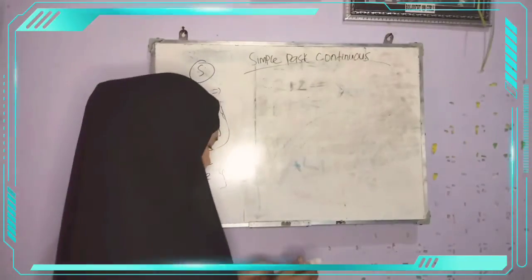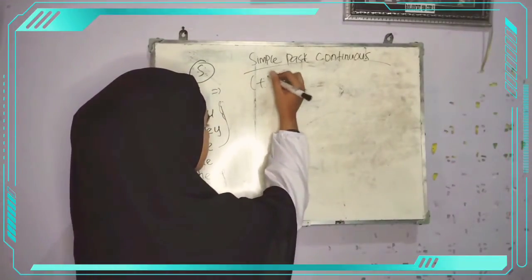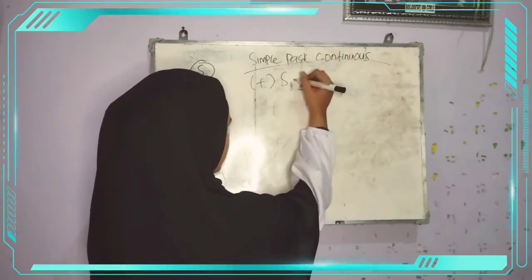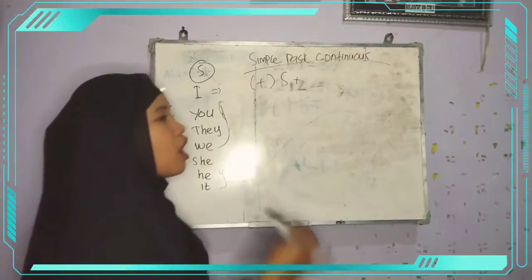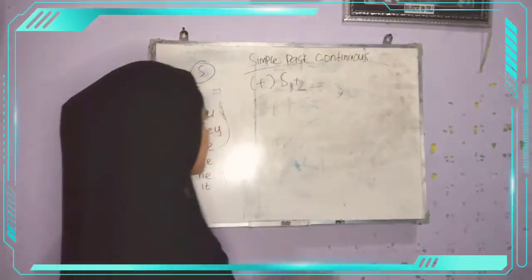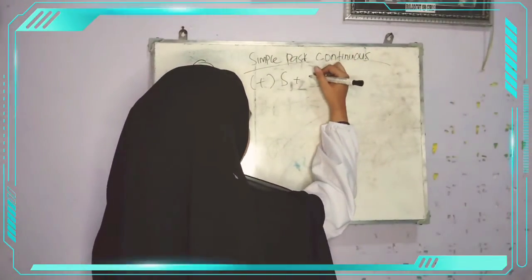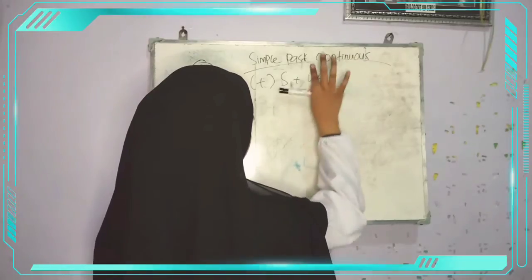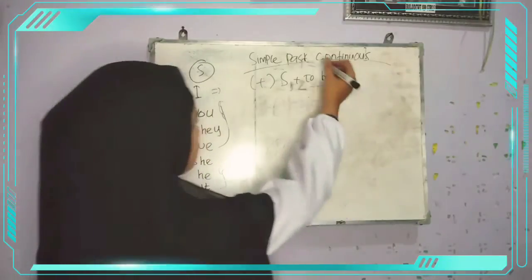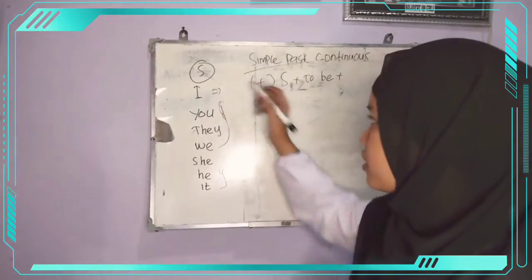Okay? We discuss the pattern again. For the positive pattern, as usual, the subject is always in front of the sentence. Subject, then was or were, the to be, because for continuous we have to add to be.